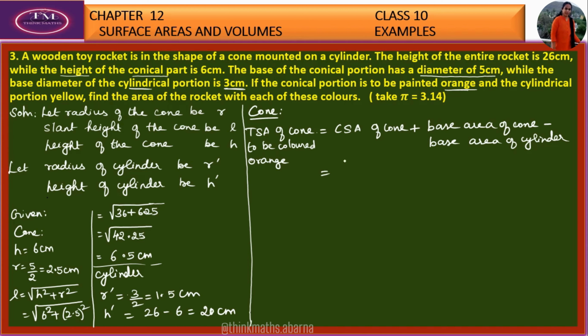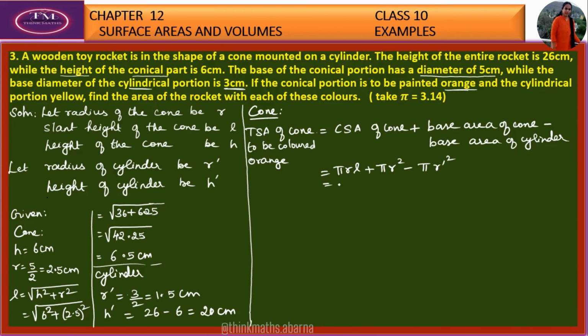So what is the formula for the curved surface area of the cone? Curved surface area of cone is pi R L, plus the base area of the cone, pi R square, where the radius of the cone is denoted as R. Minus the base area of the cylinder, which is also circle shaped, so pi R dash square.